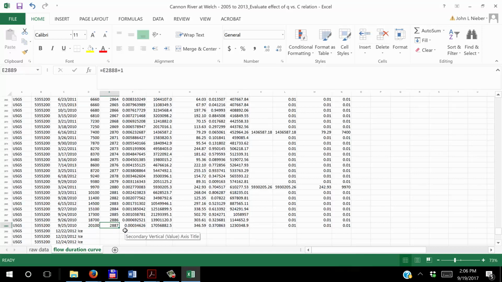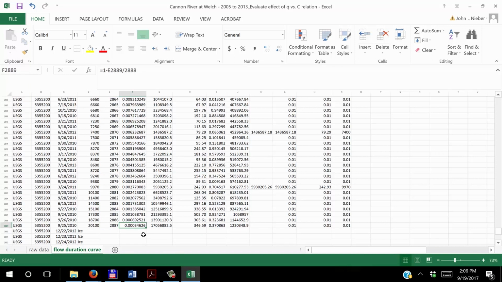That's ranked 2,887. If I had taken 1 and subtracted the ratio of the rank divided by 2,887, this number would turn out to be 0. And that would mean that there would be 0% chance of exceeding 20,100.